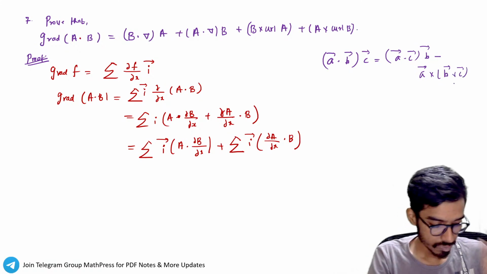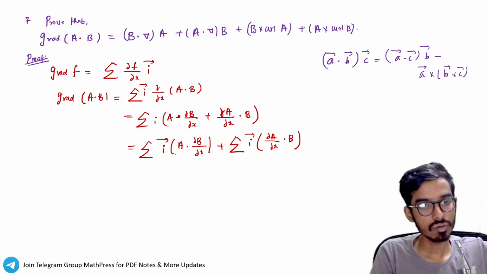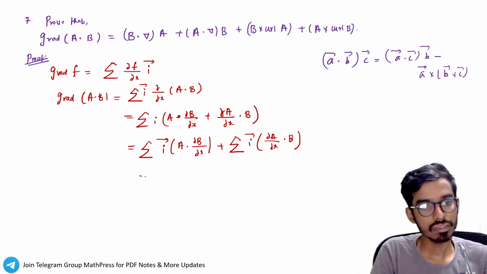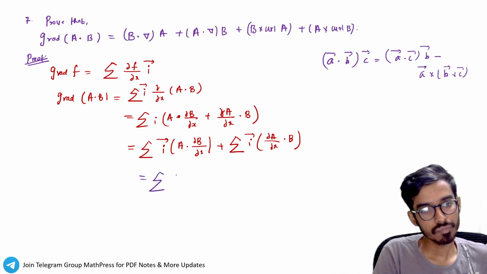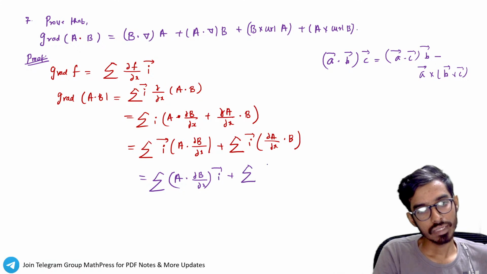So A dot B into C is the same as summation A dot dou B by dou X into I plus dou A by dou X dot B into I, right?